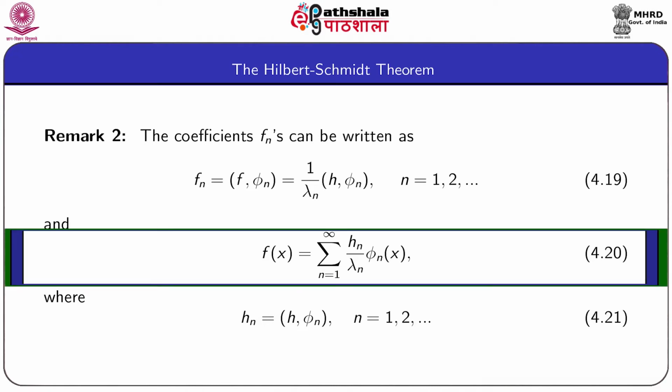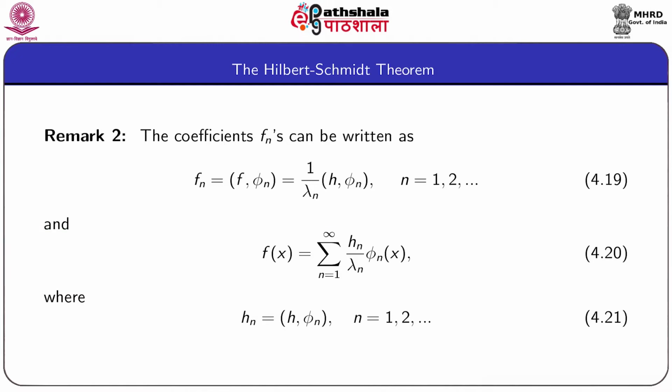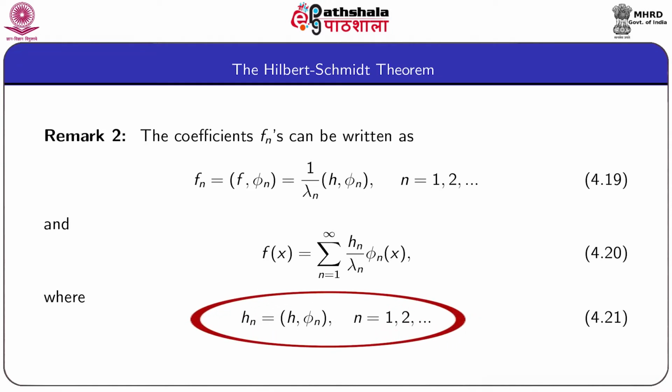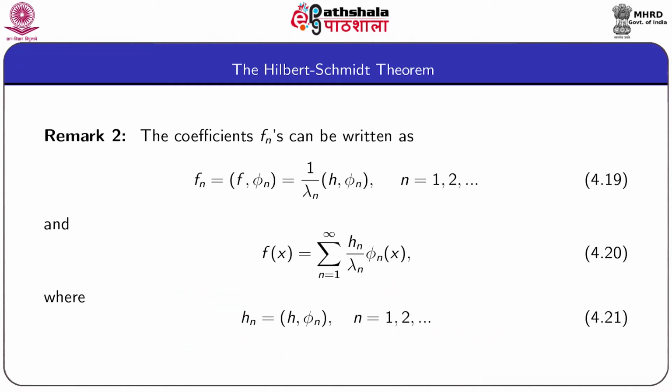So, we get f(x) equal to summation n equal to 1 to infinity h_n by lambda n into phi n(x), where h_n is the inner product of h(x) and phi n(x) as given by equation 4.21.